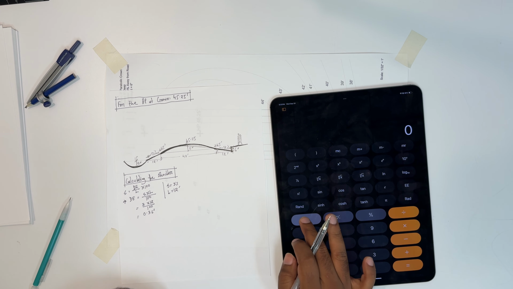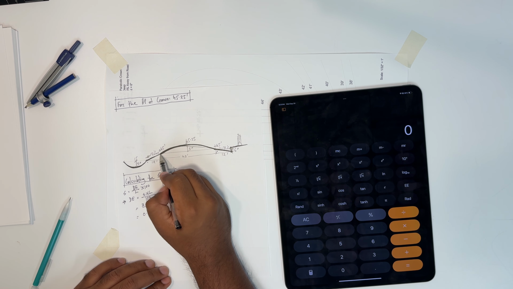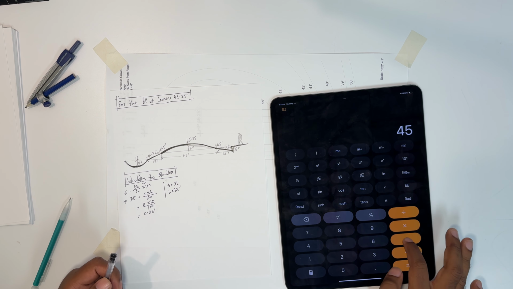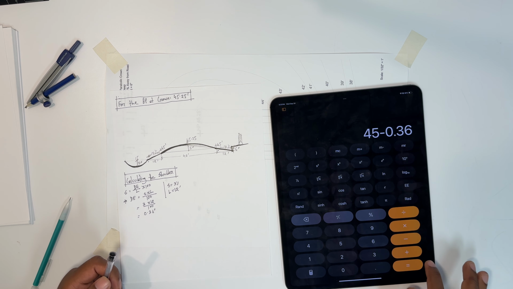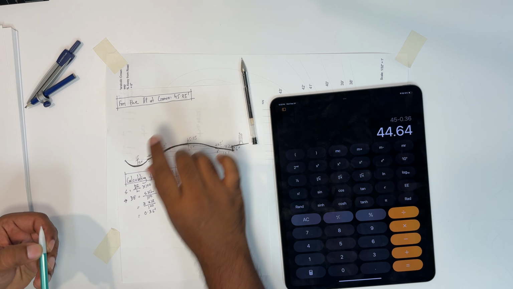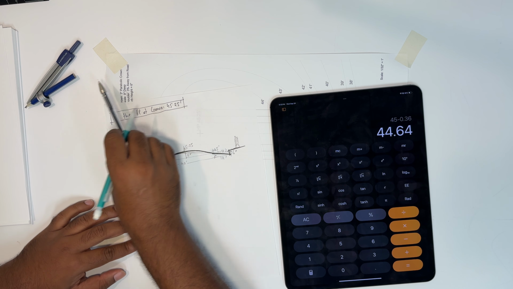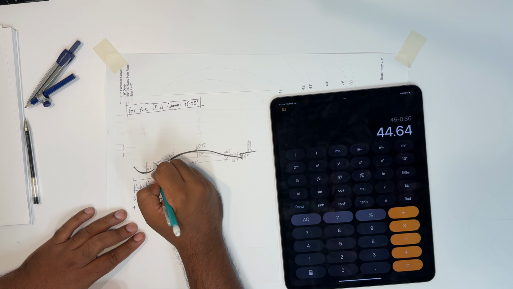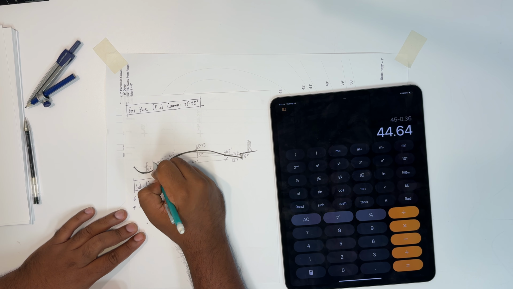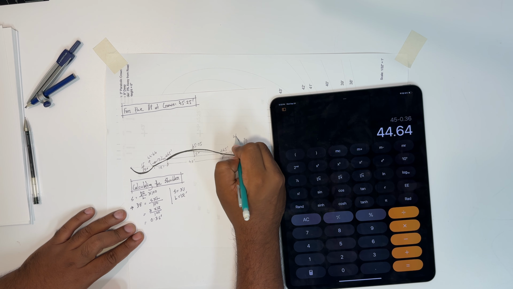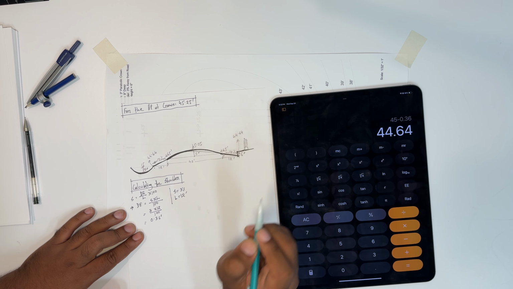Let's try to do that. We know now that this is 45. So 45 minus 0.36 is 44.64. So we can confidently say that the shoulder edges are 44.64 and also 44.64.